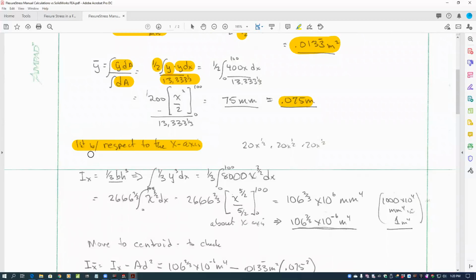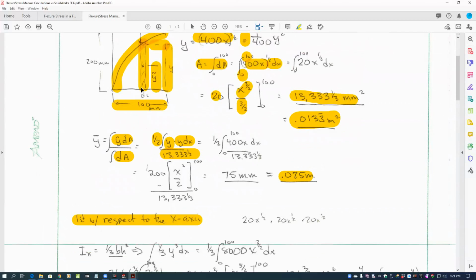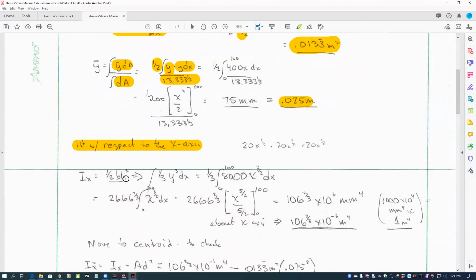Let's calculate our area moment of inertia with respect to the x-axis. And using the parallel axis theorem, we can find that the moment of inertia of a rectangle with respect to its base, or in this case, the x-axis of our element, is 1/3 b h cubed. And so 1/3, b is dx, and our height would be y cubed.